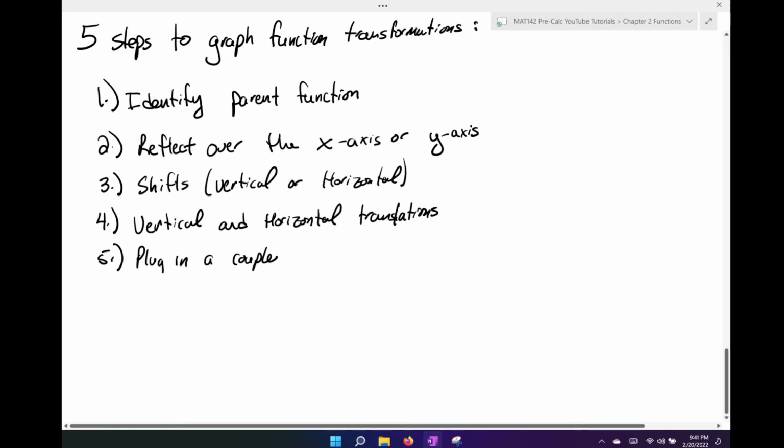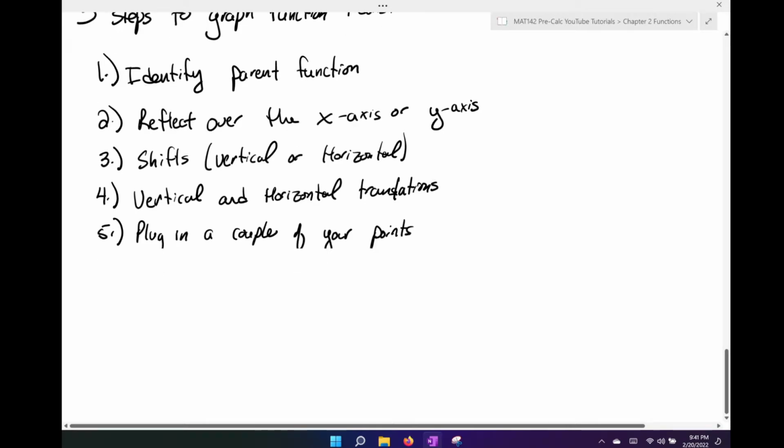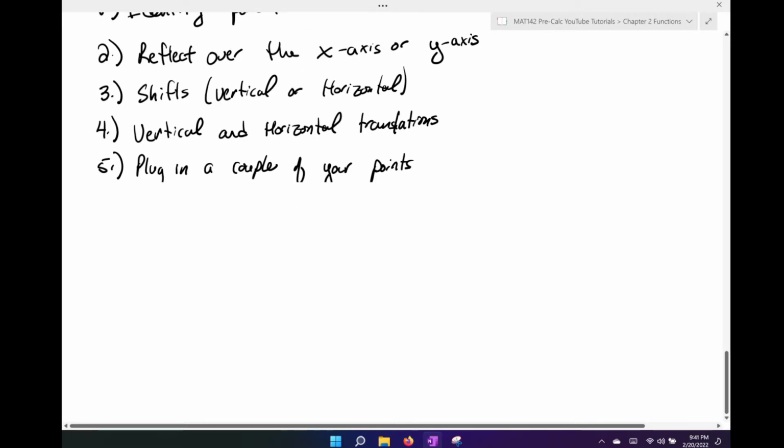You can just plug in a couple of your coordinates, or just plug in a couple of points into the parent function to double check.